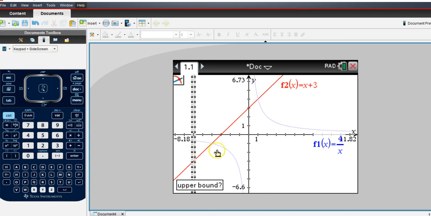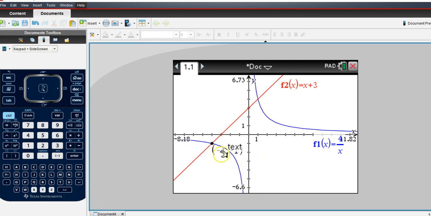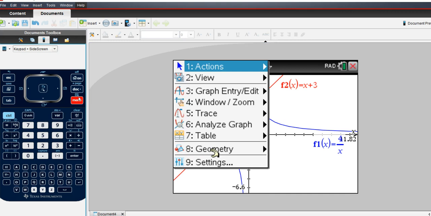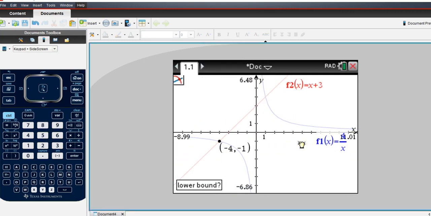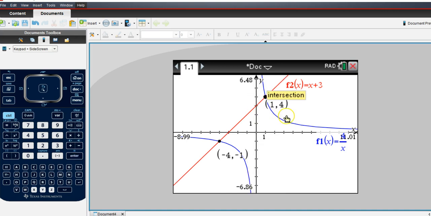So yes, I have a -4. Menu, analyze graph, intersection. And then +1. So we did that question correctly. We got x equals -4 and x equals 1.